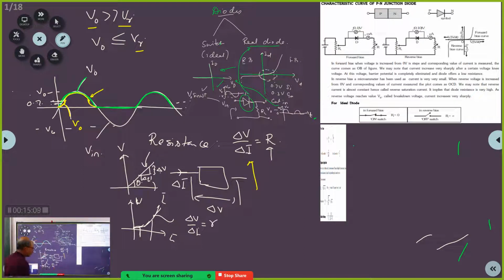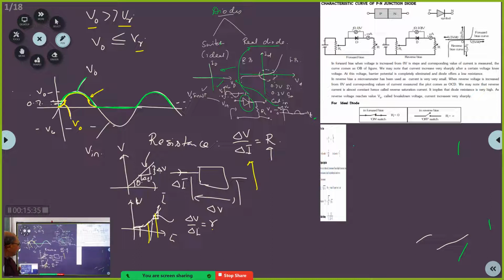So the resistance is denoted by a small r, indicating that the resistance is not constant. It depends upon where you are measuring it. If you measure here, then delta V by delta I at this point is so and so, so at this point the resistance is R. Did you get it?